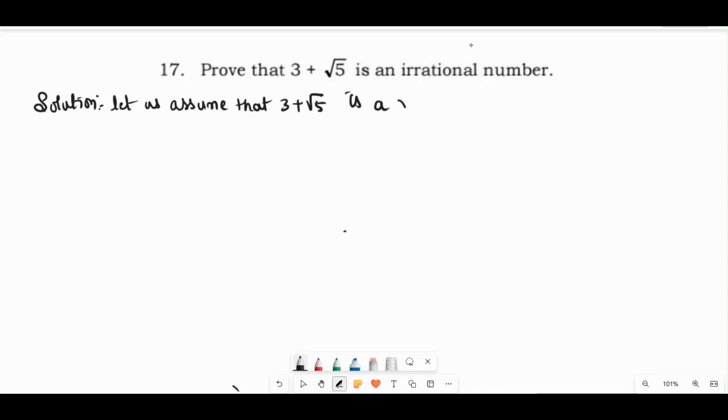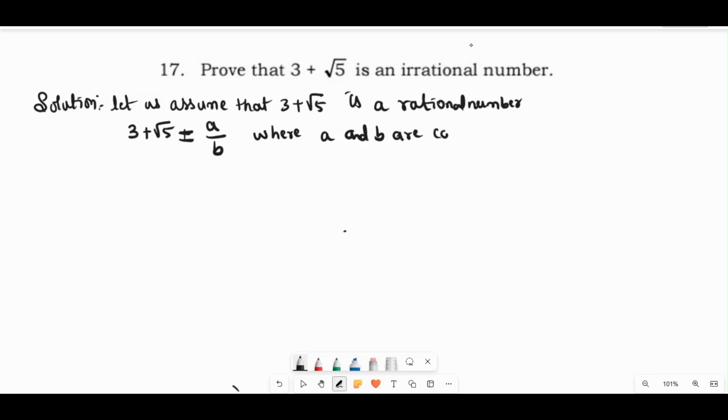Then a rational number is nothing but writing it in the p by q form. So 3 plus root 5 equals p by q, that is a by b, where a and b are coprime numbers.